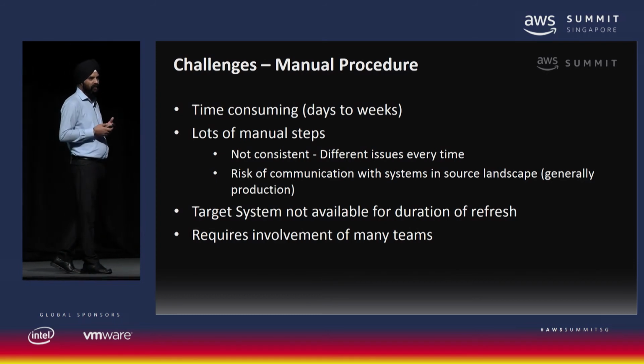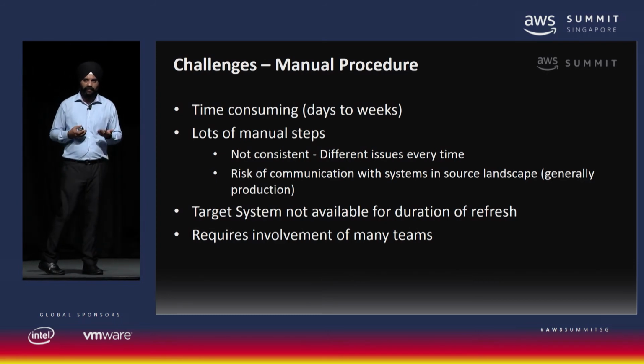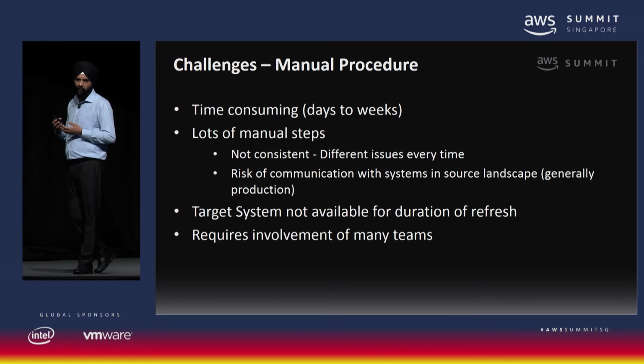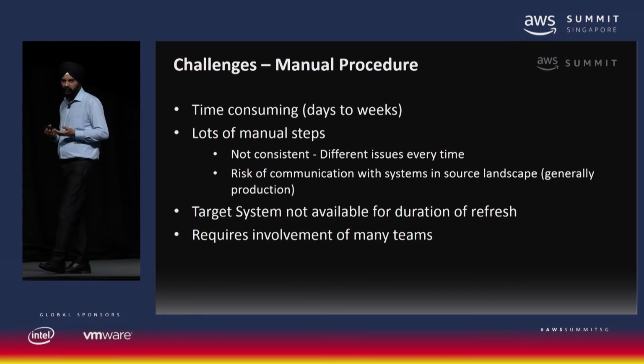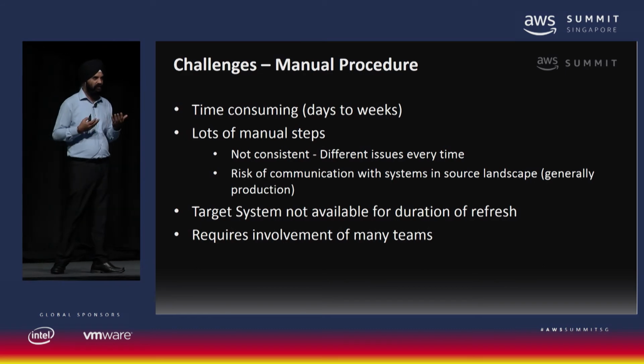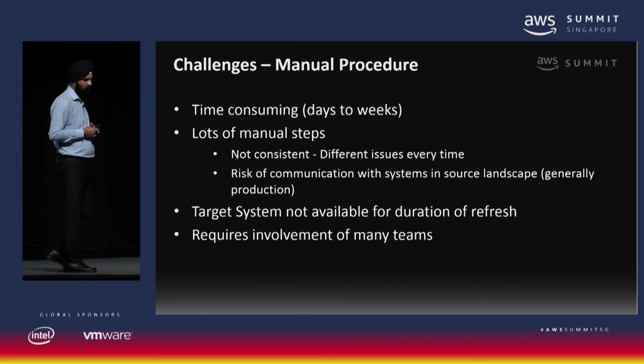Which creates risk for your production systems, because you are refreshing your QA system from production data, which means if these steps are not performed correctly, once you start your system, it will start interacting with your production systems, right? Which is a big risk to your production systems.